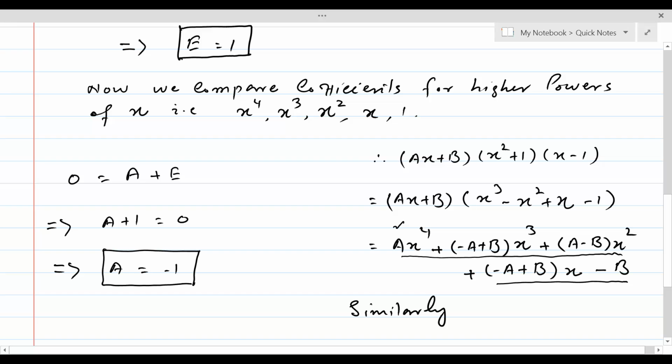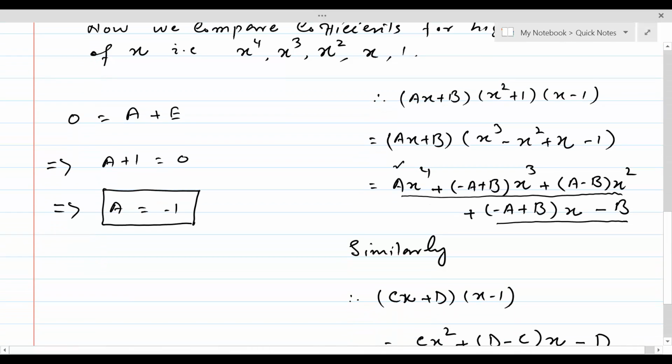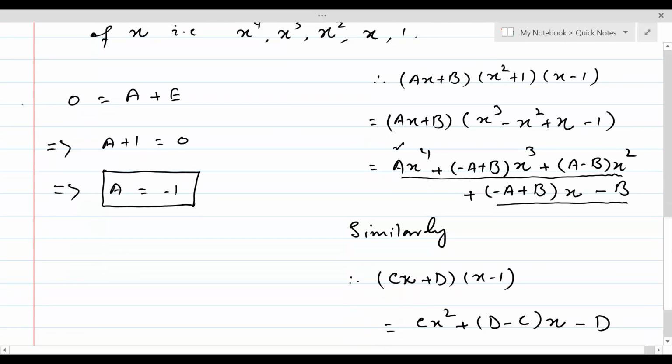And we are done comparing coefficients of x⁴. Now we will compare coefficients of x³. There is no x³ on the left side, so the coefficient of x³ will be 0 on this side.